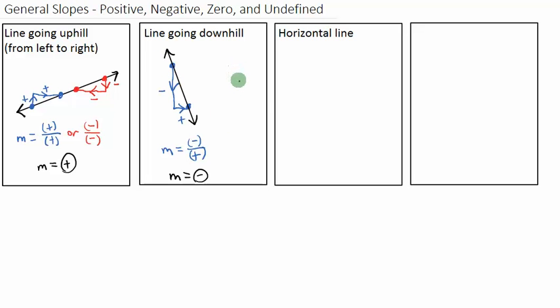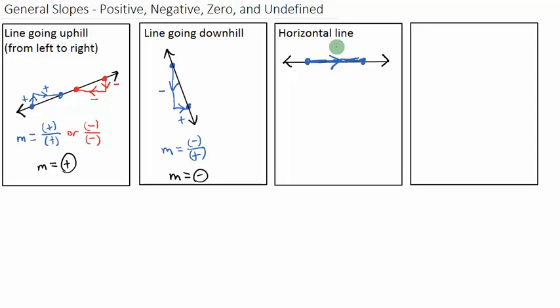Now let's consider the two more unusual cases. Not really unusual, just different. A horizontal line. You pick 2 points on the line, travel from one to the other, so maybe I'll start at the one on the left and I'll travel to the right.